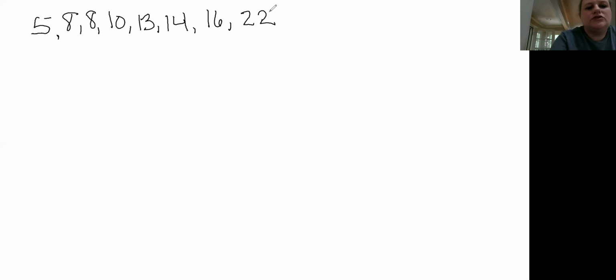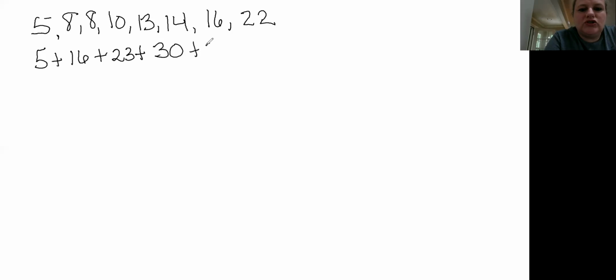So if we add these up, we get 5 plus 8 plus 8 is 16, plus 10 and 13 is 23, plus 14 and 16 is 30, plus 22. I'm just kind of combining them as I go to have fewer numbers to add. So now we've got 30 and 22, that's 52. 16 and 5, 21.